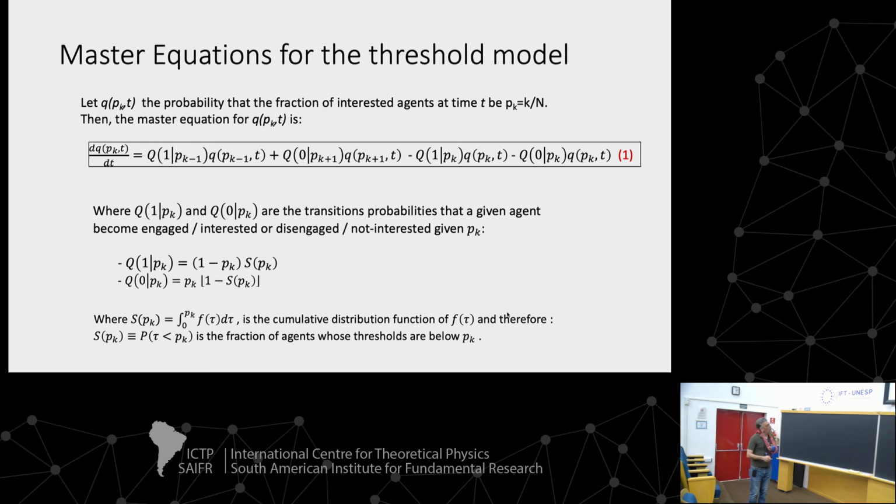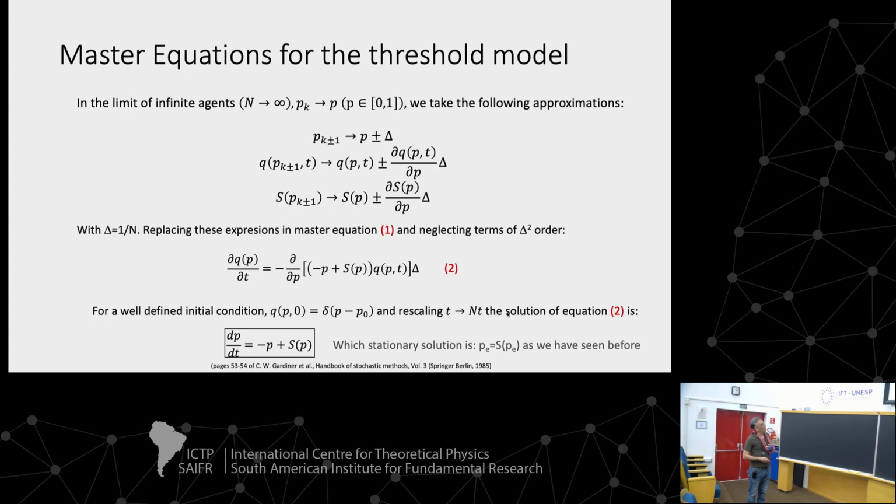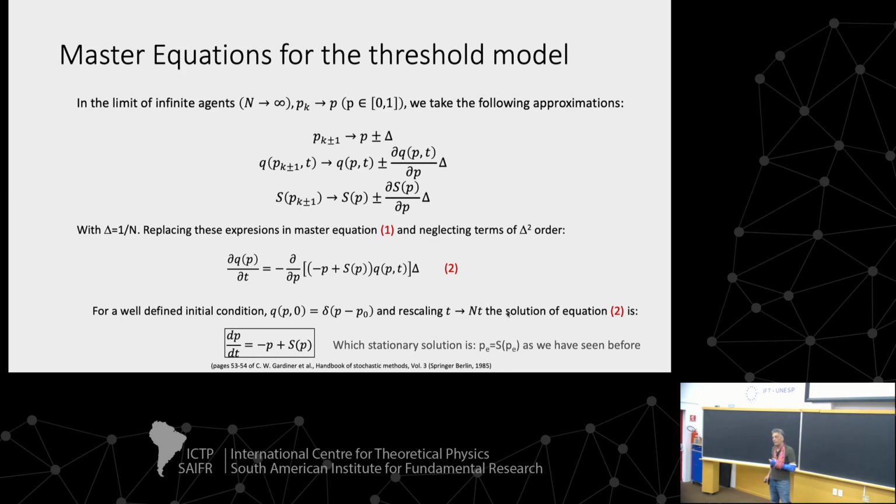And we can write these transition probabilities, and we can perform the continuous approximation and write down a master equation, and its solution is this differential equation, whose stationary behavior is the same that Granovetter found in the previous paper.